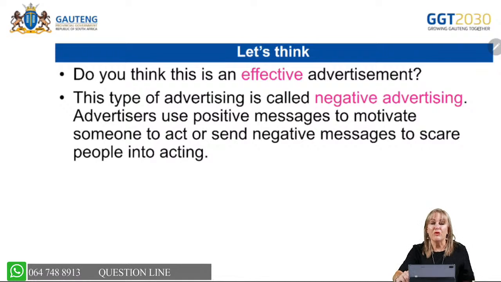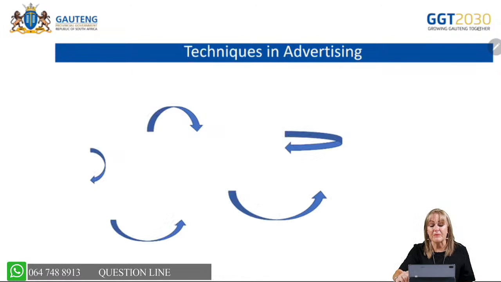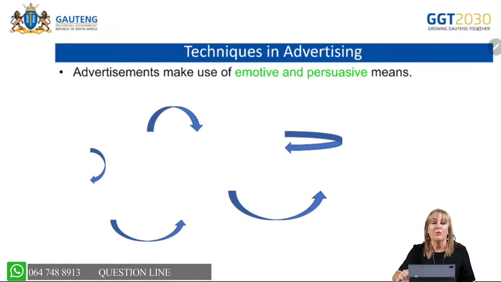Now, the term for this type of advertising is negative advertising, because the advertisers send a negative message to scare people into acting, or they use something from another company to send their own message to the consumer.